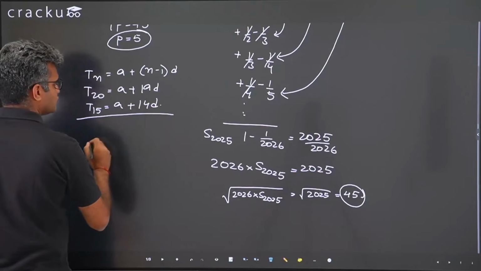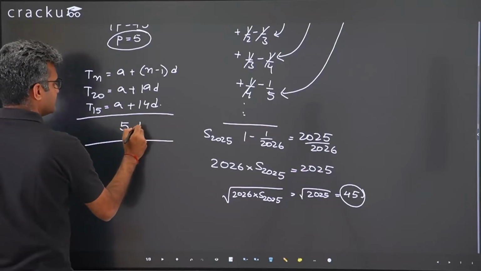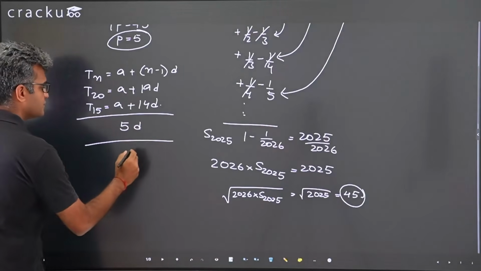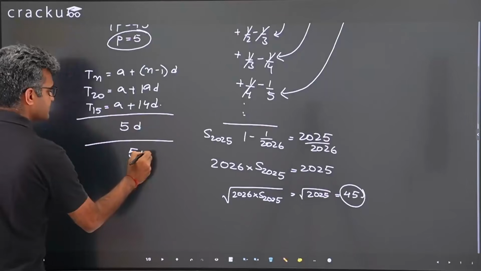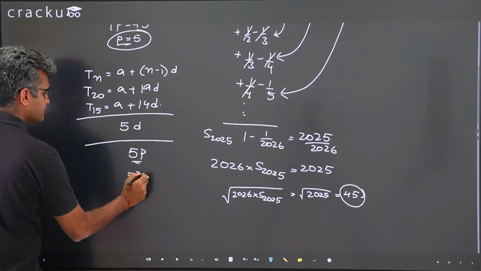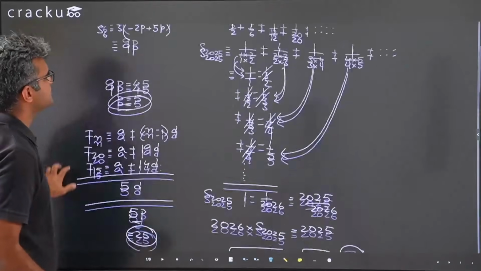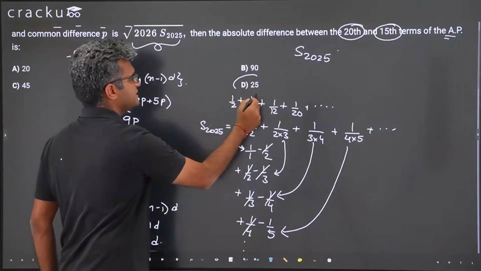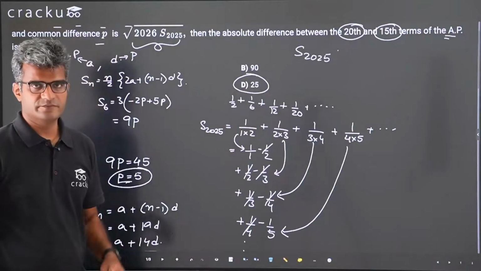The difference between both of them is 30d, but the common difference d is given to be equal to p, so this is equal to 30p. The value of p is 5, so the answer for this particular question is option D.